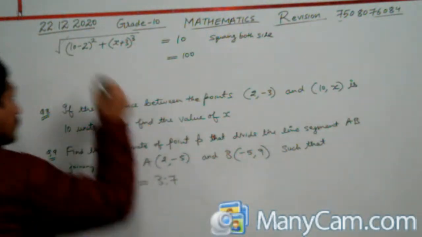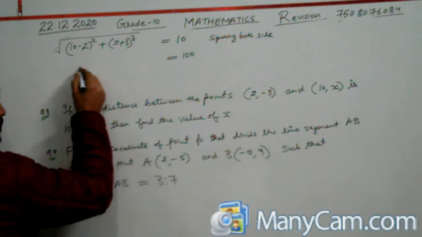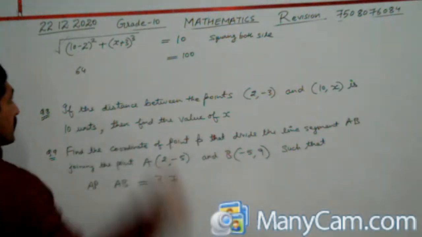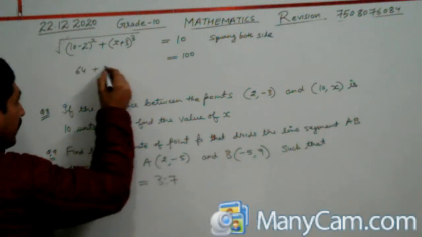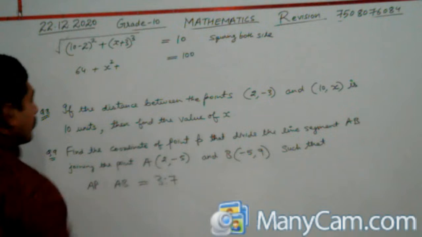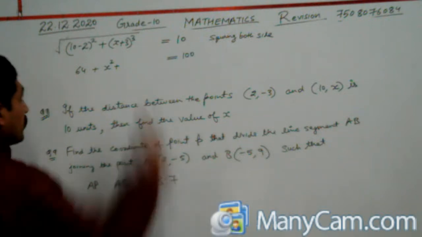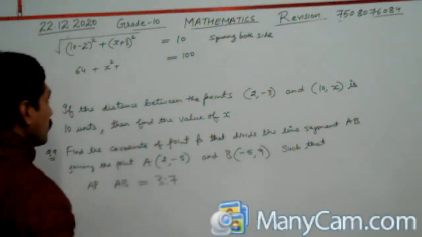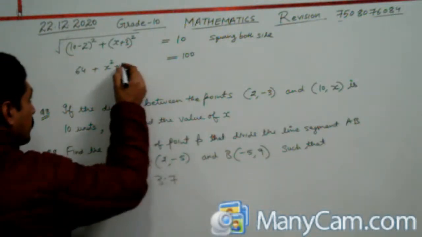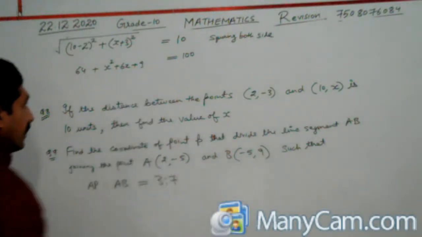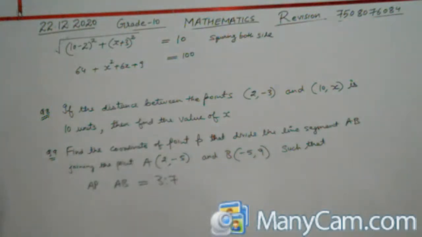We have 8 whole square is 64, and here we have x square plus 6x plus 9, using a square plus b square plus 2ab, right? So 64 plus 9 is 73.